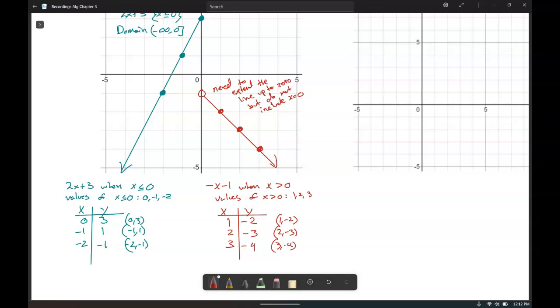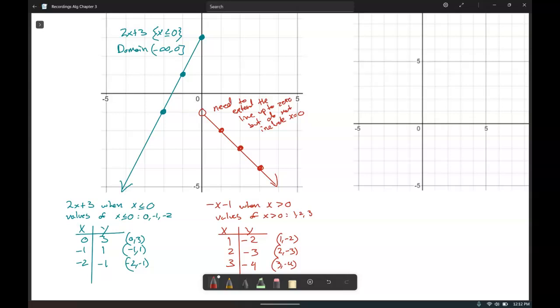Because for -x minus 1, none of the x values are ever going to be 0. They will go all the way up to 0 as close as we mathematically can. So we use an open circle to indicate that we go up to the point, but we do not include the point. And this is the graph for the line of -x minus 1 for the values of x such that x is greater than 0.